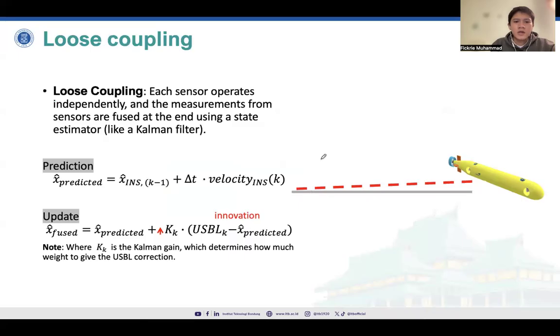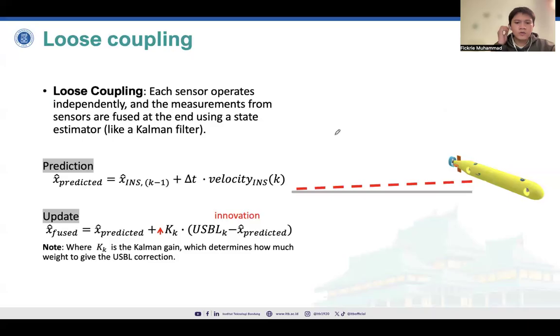So in the loose coupling, the sensors operate independently, and the measurements from the sensors are fused at the end. For example, the DVL is measuring the range and giving positions, and then our gyro and accelerometers are measuring the velocity, positions, and orientations. Those four parameters are later chipped in together.